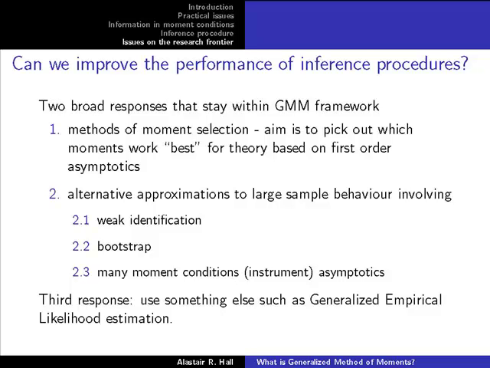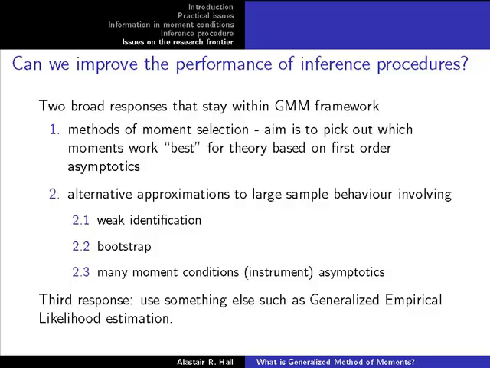Leading within that has been what's called weak identification asymptotics, where people have looked at the problems caused by poor quality information out of moment conditions. Another way people have refined the asymptotic approximation is by using resampling methods, collectively listed here as the bootstrap, using artificial resampling to improve the accuracy of the critical points used in tests. And the last thing we have here is called many moment condition asymptotics.